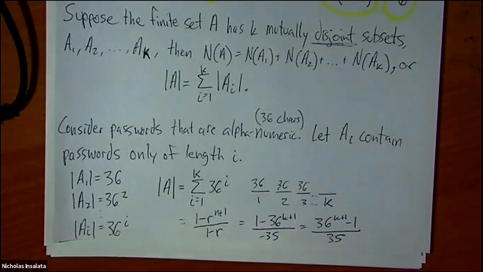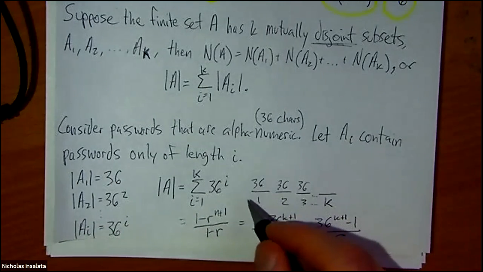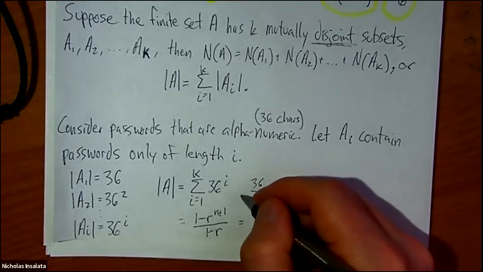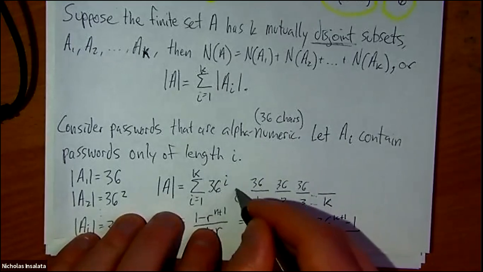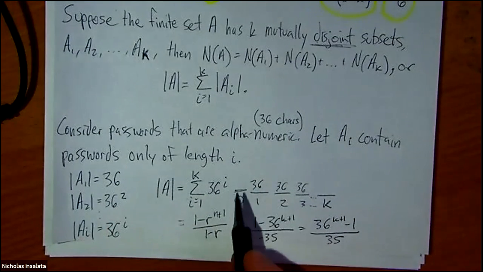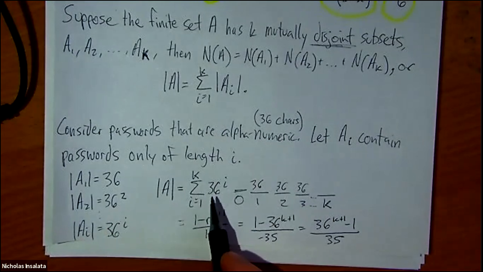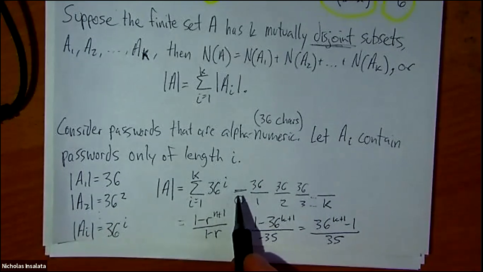Well, I think we could even maybe include that, because how many passwords of length 0 are there? If we included passwords of length 0 and added that on, what would a sub 0 be?